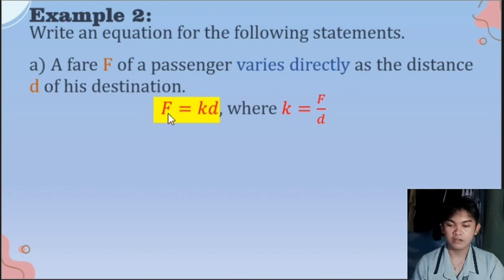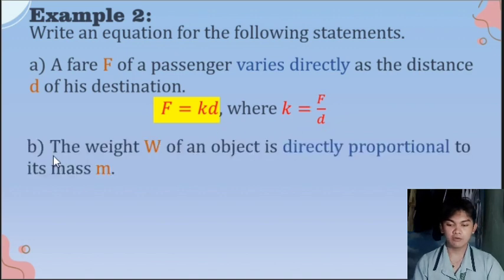So f is equal to kd is the equation for this statement, where k is equal to f over d. So k is our constant, remember.